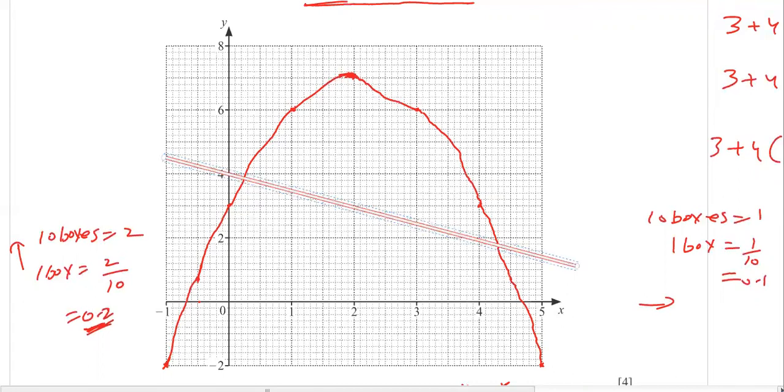Now, this line crosses the curve here, and it crosses it here. So from here come down, this value will give you the value of x, and this value will give you the other value of x. What is this value? 0.12, so you can say almost 0.1. And what is this one? 4.123, so this is 4.1.